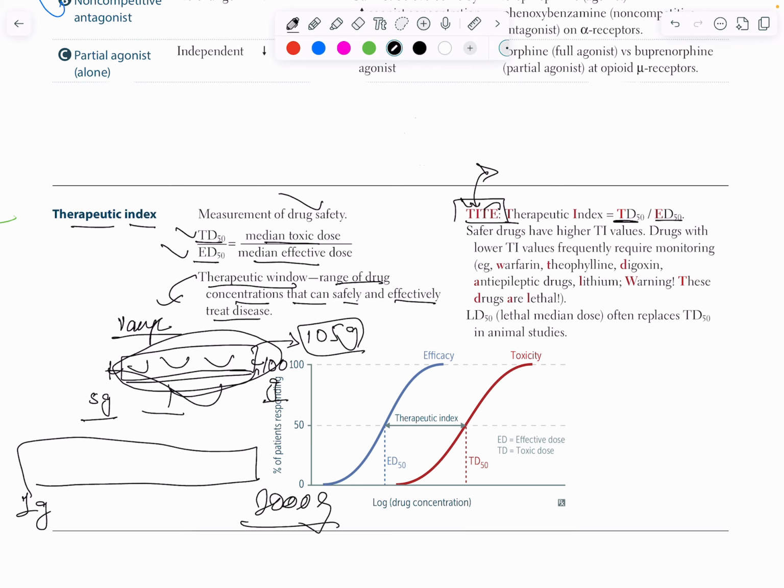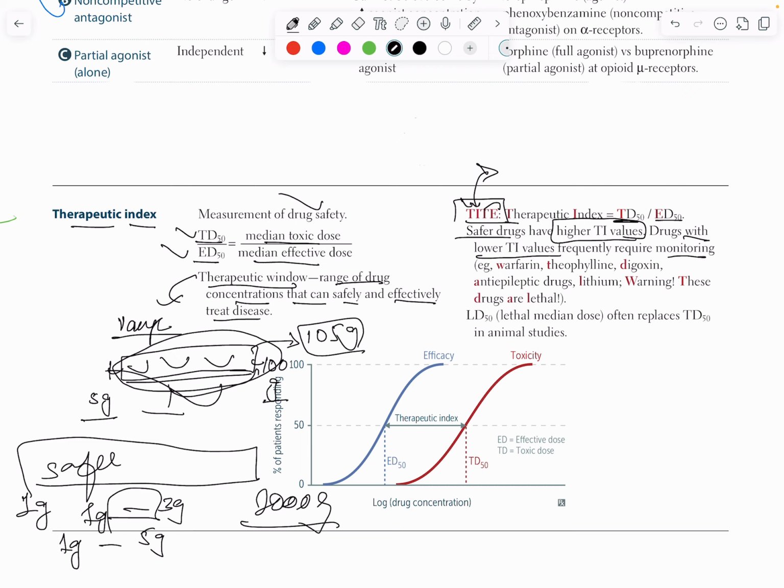Then these drugs are safer than other drugs which have a window of 1 gram to 5 grams, or 1 gram to 3 grams, very narrow windows. Okay? Drugs having higher therapeutic index values are the safer drugs. Drugs with lower therapeutic index values require monitoring due to their side effects.